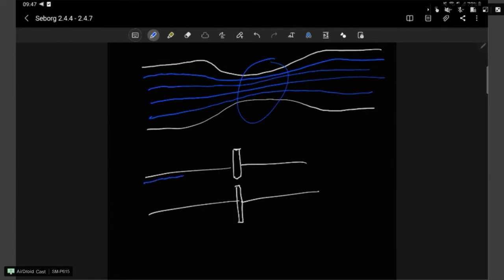It's not 100% accurate because you end up with flow like this, and here you would form eddy currents.